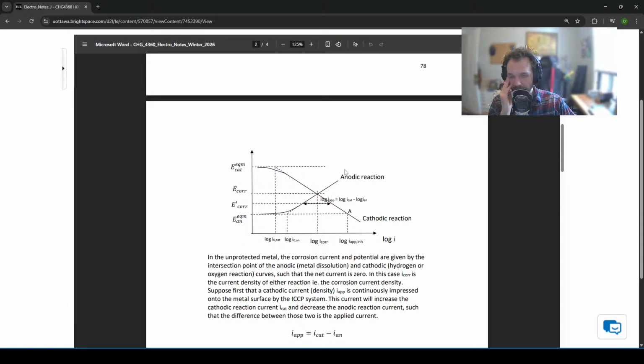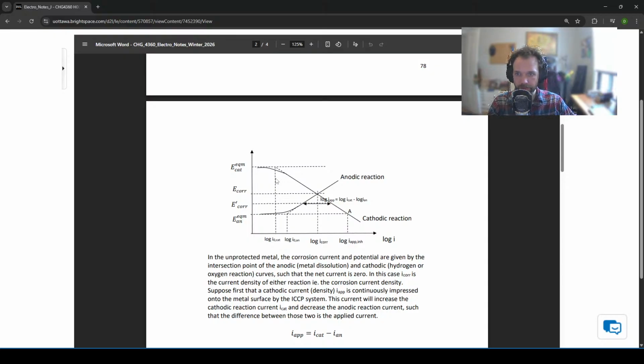So this is essentially what it looks like when we have a metal corroding. We have the anode here, and it comes down, and then we have some sort of reaction, which is typically the reduction of hydrogen or oxygen.